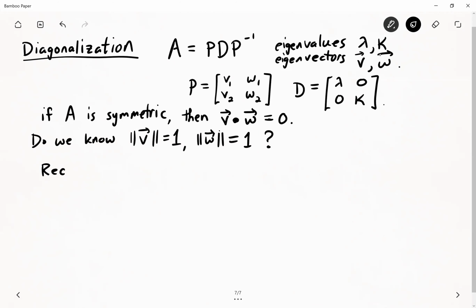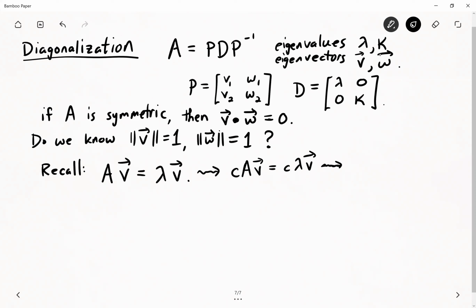Recall that eigenvectors and eigenvalues satisfy the following equation. Right? A times vector V equals lambda times vector V. And remember the way that matrix multiplication works with constants. I can multiply both sides by some constant C. So C times AV is equal to C times lambda V. And because of the properties of matrix multiplication, I can go ahead and rearrange these as follows.